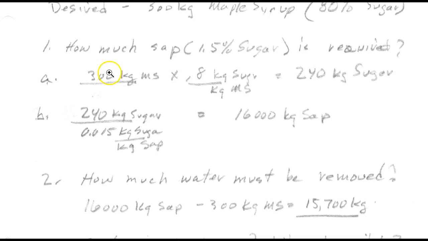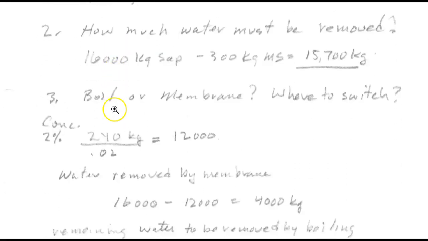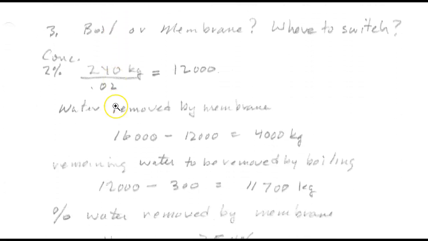So moving along, in the past, it's been interesting to try out a membrane, a very tight membrane like a reverse osmosis membrane. So what's the trade-off between boiling the water and using a membrane? So let's take an example of using a membrane to concentrate from just 1.5% to 2%. That doesn't sound like much.